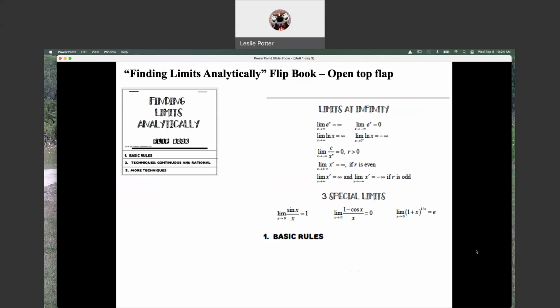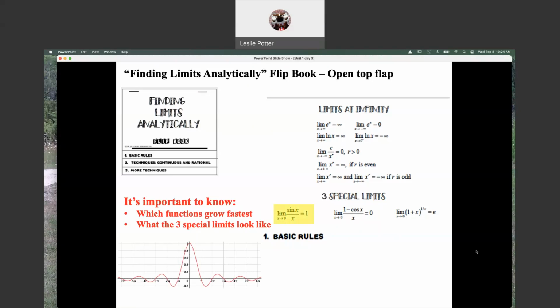It's important to know these basic shapes, and which functions grow faster than others. Like e to the x grows really fast, and ln x grows, but really slowly. I have a basic shapes chart on the wall next to the limit flow chart.